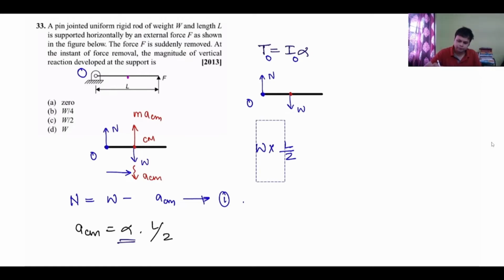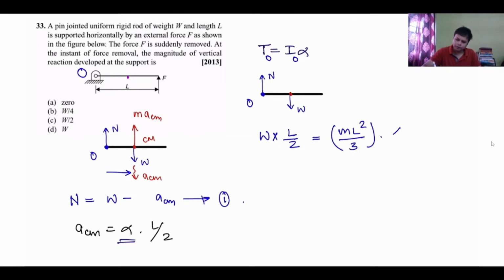Right? This is equal to I about point O. For the rod, it is ML square by 3, into alpha.